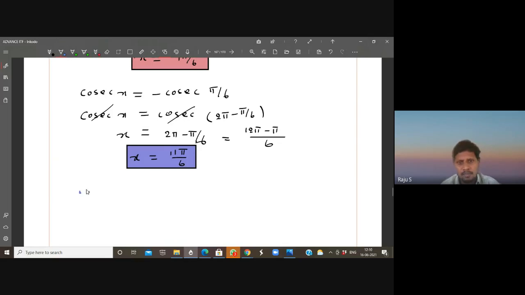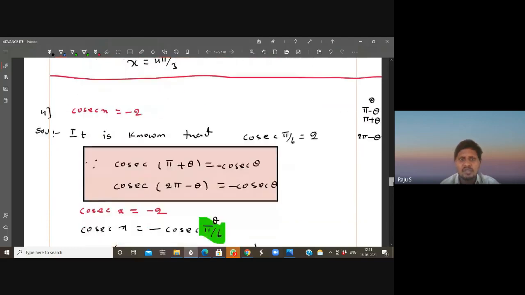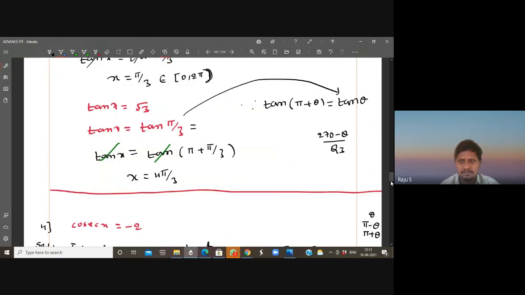Therefore, the principal solutions are 7 pi by 6 and 11 pi by 6. Got it? In each and every question, till now I have written only the principal solutions.